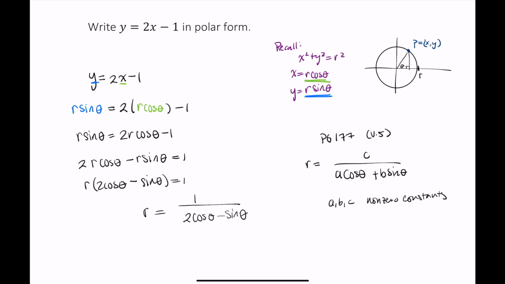This gives you the equation of a line. So this is the polar equation of a line, which we have here. In our case, A equals 2, B equals -1, C equals 1.